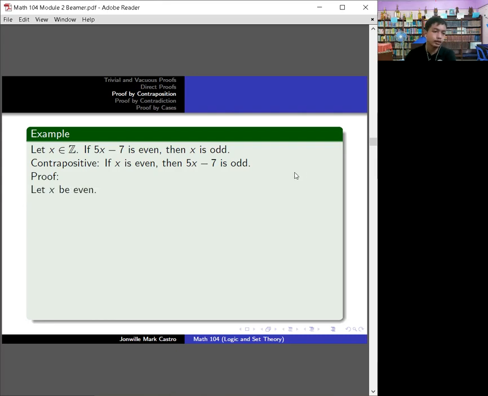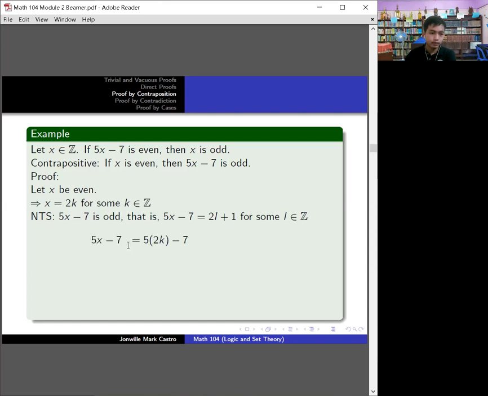This implies that x equals 2k for some k in Z. Need to show that 5x minus 7 is odd. That is 5x minus 7 equals 2l plus 1 for some l in Z. Okay. So 5x minus 7 is equal to 5 times 2k minus 7 since x equals 2k.